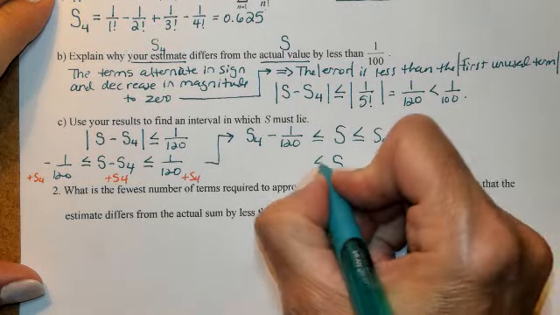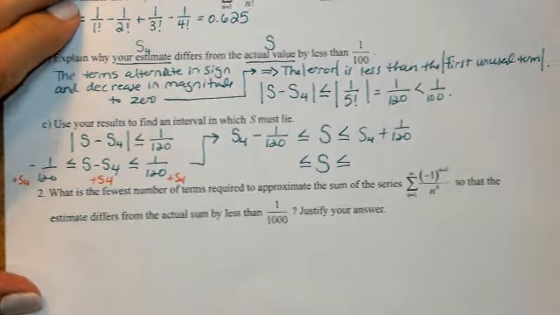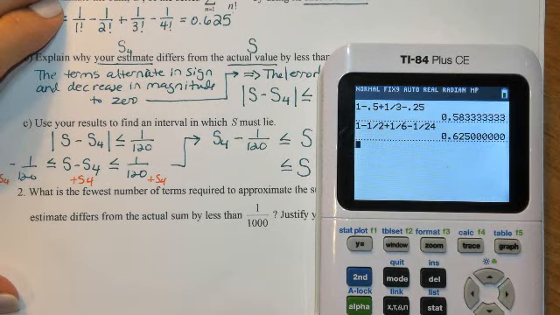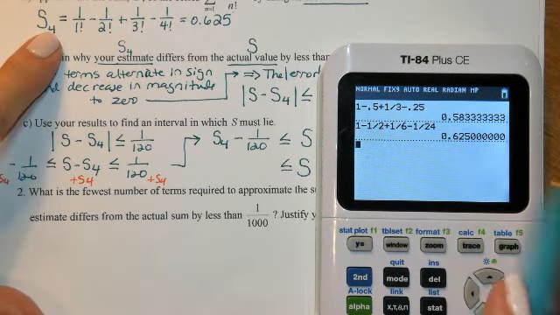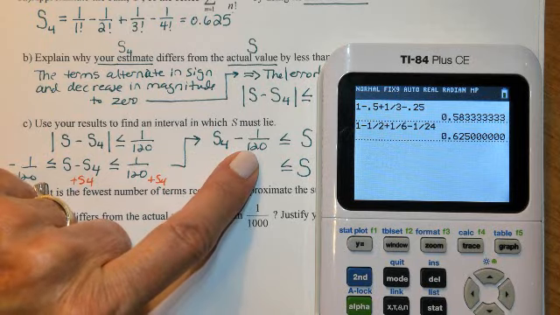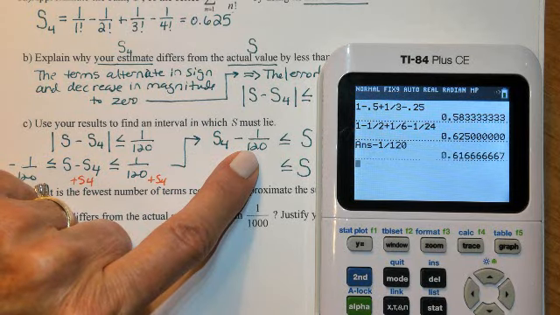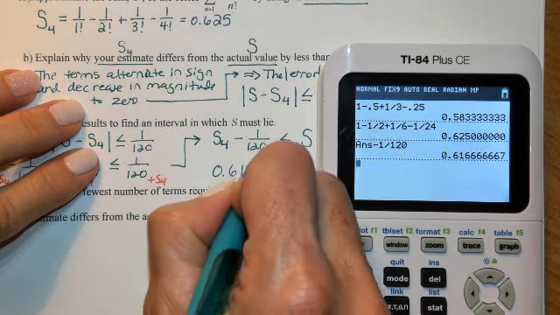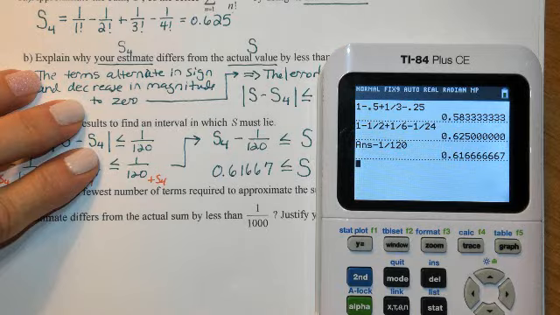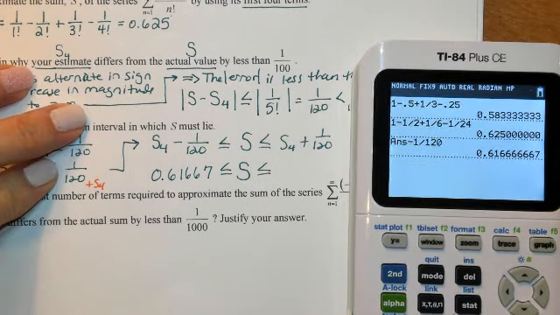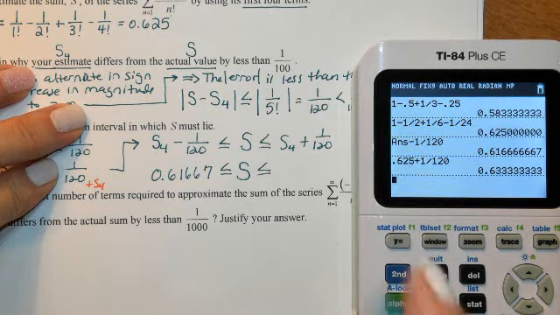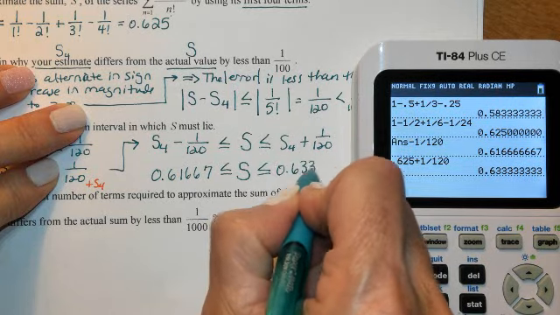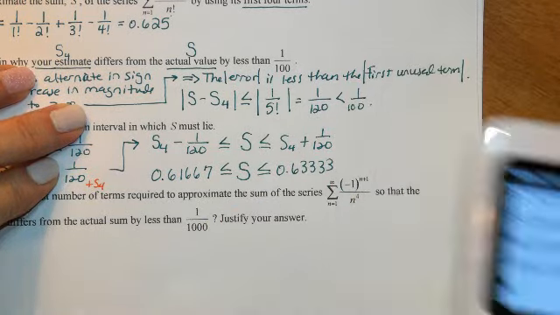Now let's go ahead and find some numbers. So I'm going to grab my calculator. This was my S sub 4, right? So I have S sub 4 and I'm going to subtract 1 over 120. And I'm going to give 5 decimal places again. Okay? And then S sub 4 plus 1 over 120. So 0.63333. Okay?